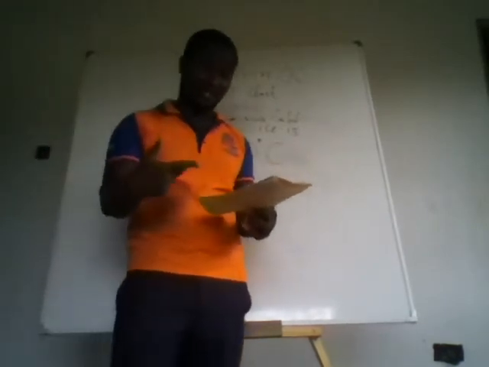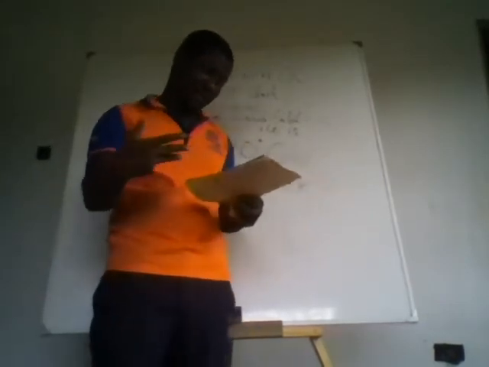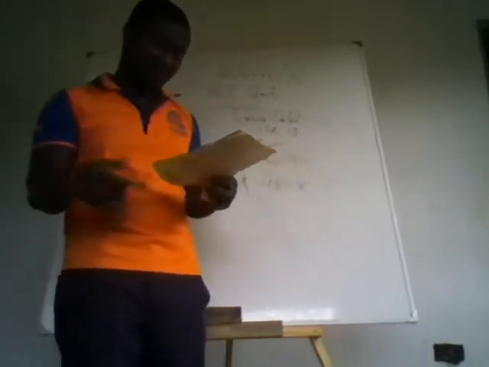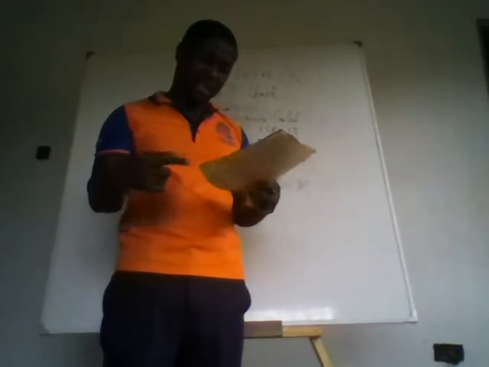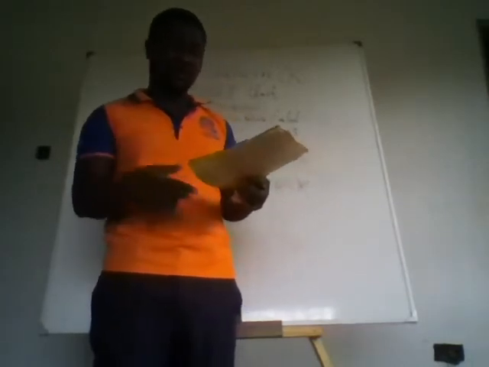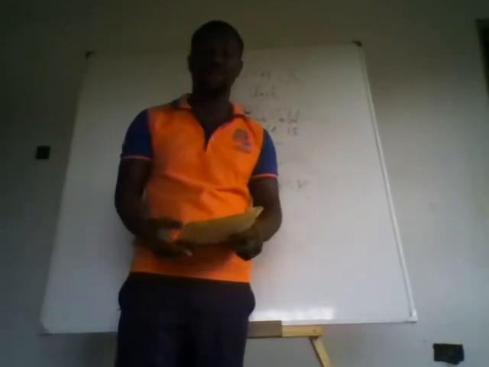Let me read this section as you have in your notes under temperature. That is paragraph 3. The temperature of a hotter body decreases faster than the temperature of a cold body. In effect, the colder body increases in temperature until the two bodies possess or attain the same temperature. What do we mean here?